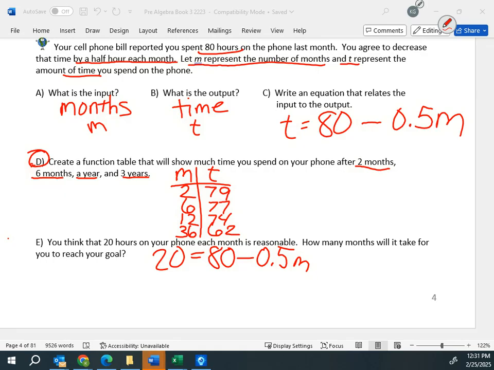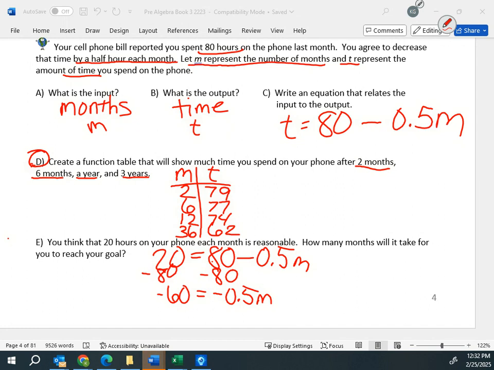David? Because I have to do what? Opposite operations. I want to solve for my months, so I have to move everything to the opposite side of the equal sign. I need to do my opposite operations. With SADMEP, I start with adding or subtracting. I have a positive 80, so I need to subtract 80. 20 minus 80 is negative 60, minus a half times the M. So when it's minus a half, that's a negative half I'm left with.